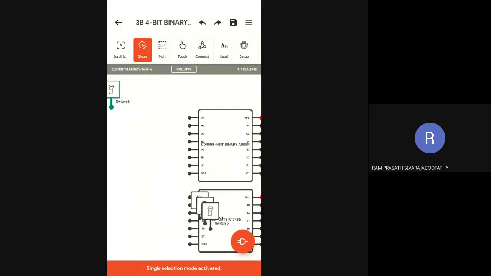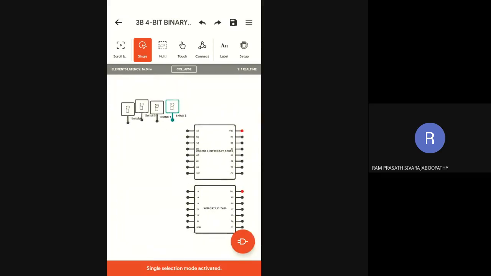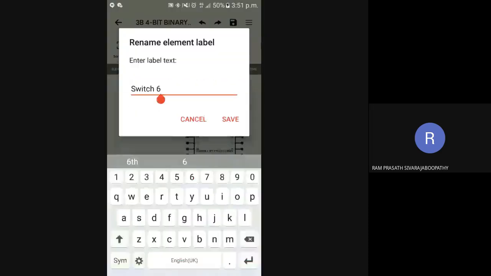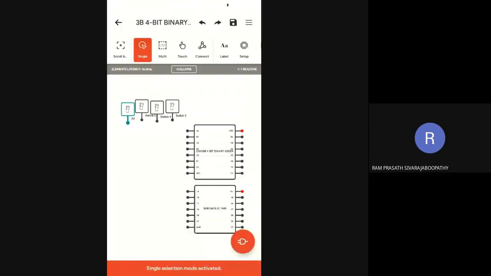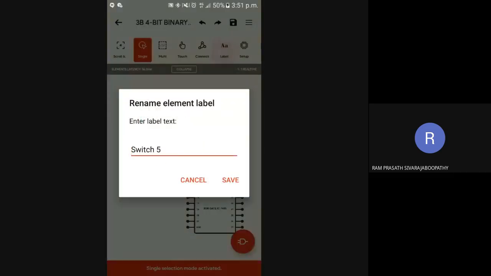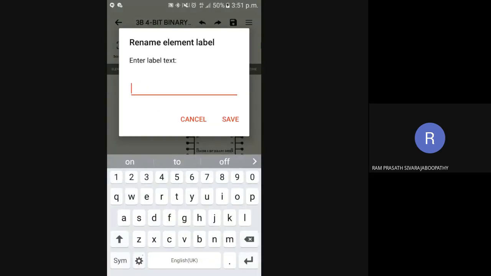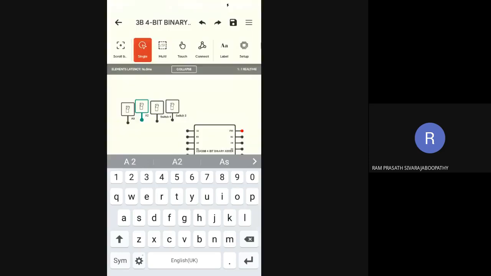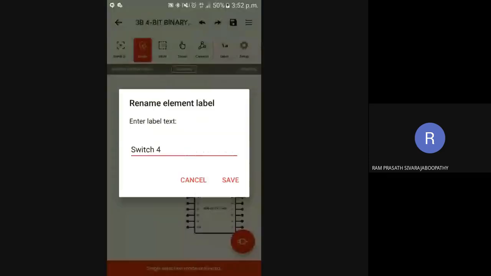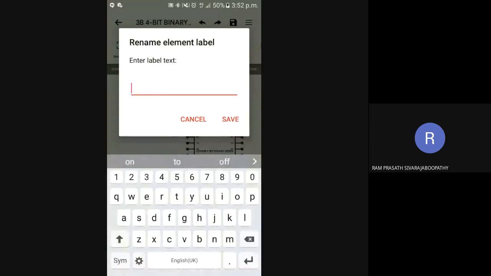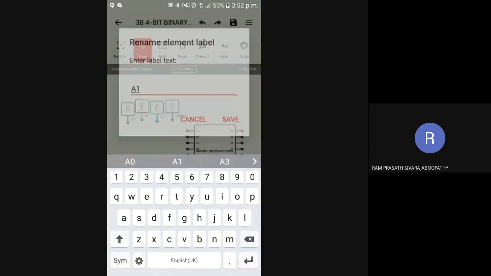1, 2, 3, 4. Fine, I am going to rename the switches A3, A2, A1 and A0.